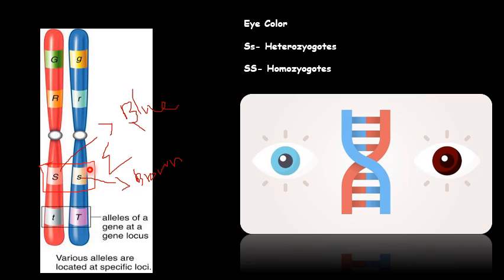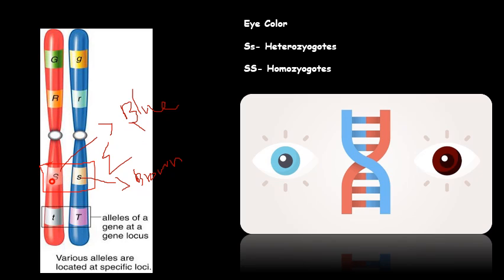In our case we have capital S, and S is the dominant character, so the child will have blue color. If we have two different alleles, then we call it heterozygous. Since S is dominant, we'll get blue color.